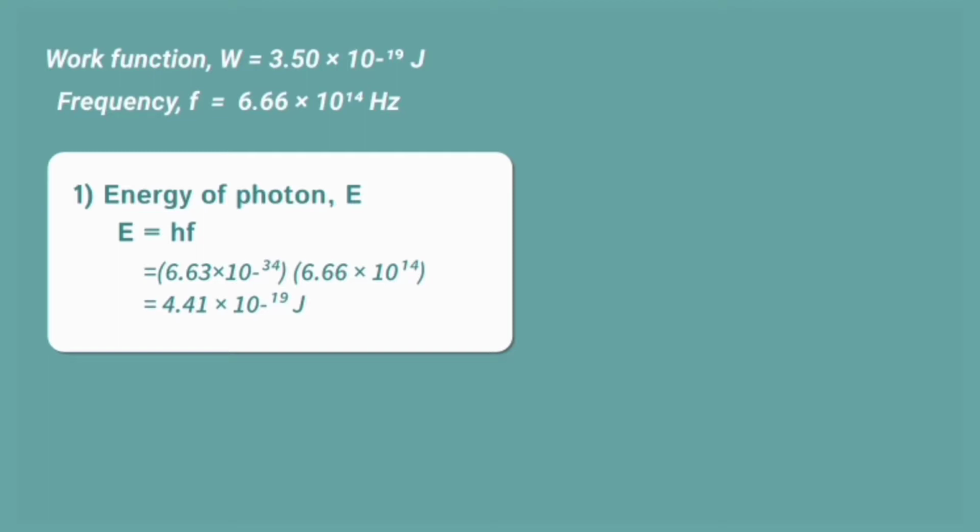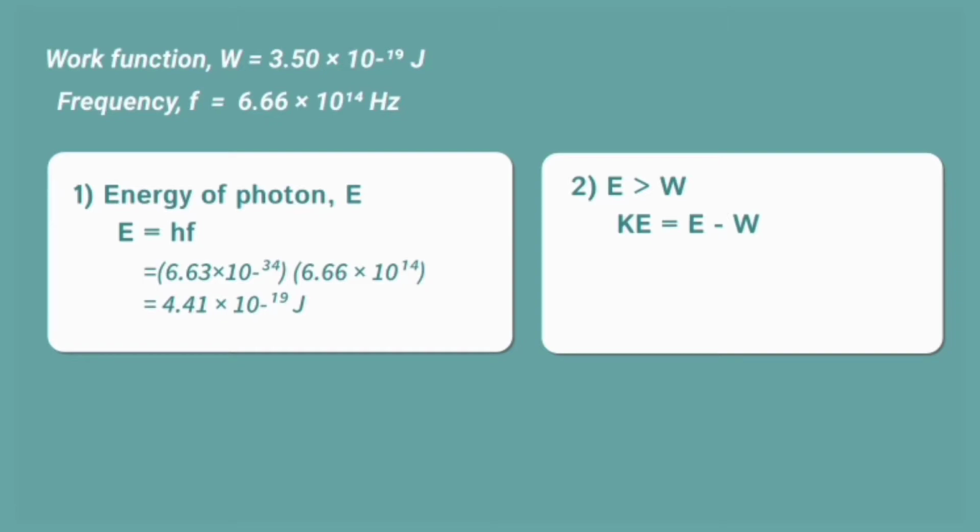If the E is equal to or exceeds the work function, the threshold frequency is achieved by the light. Threshold frequency is the minimum frequency for a light photon to produce a photoelectric effect. Since E is greater than W, electrons will be emitted.